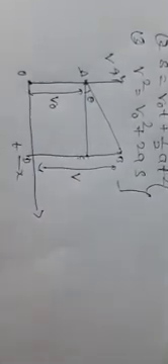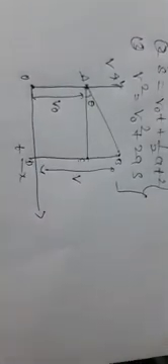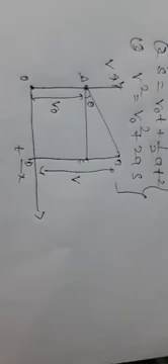Draw the tangent. The line AB is called the tangent line, where theta is the angle between the tangent line and the time axis. That is the explanation of the given graph.